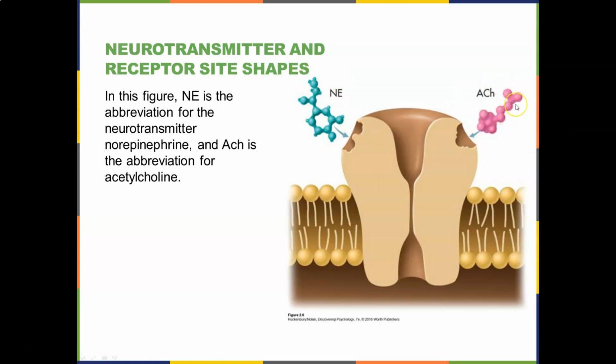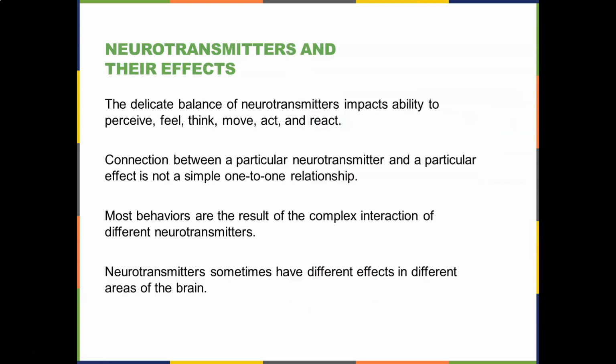They actually fit into the receptor sites like a key going into a lock. So take for instance, this neurotransmitter would not fit in this receptor. They have to match like a lock and a key. And that's the only thing you really need to know from this diagram.